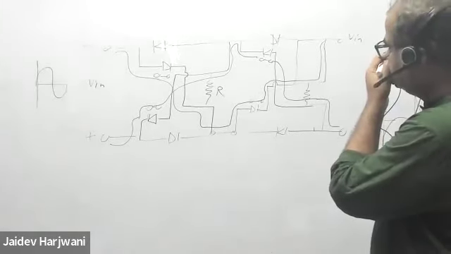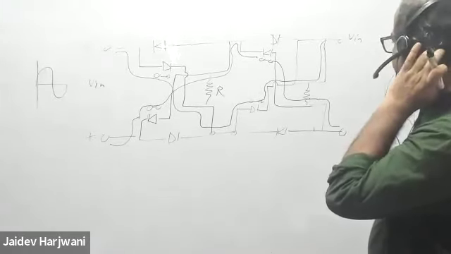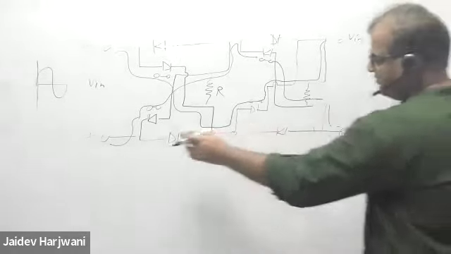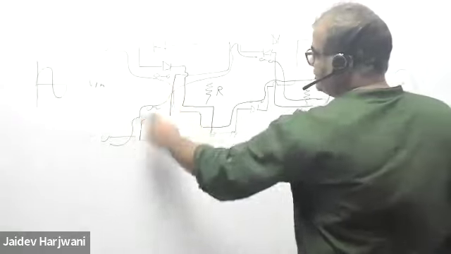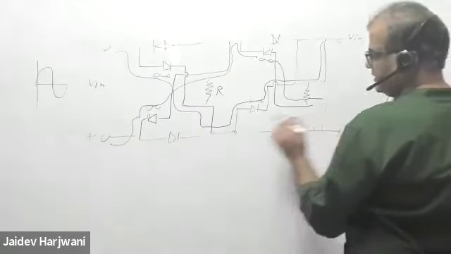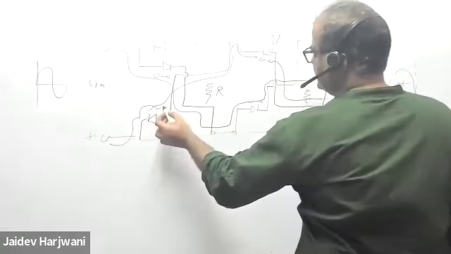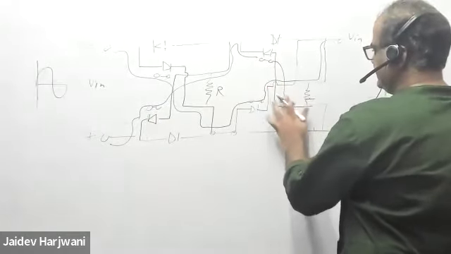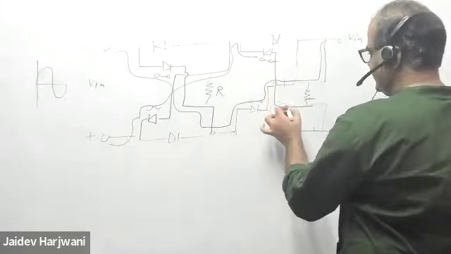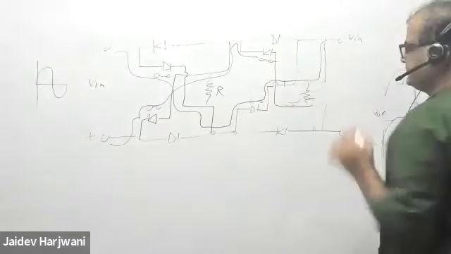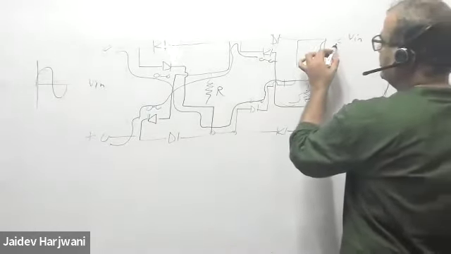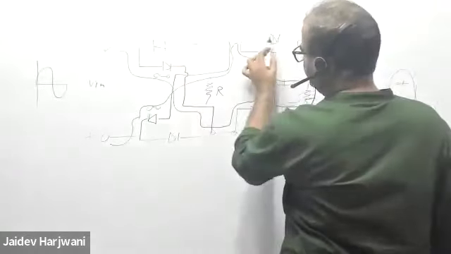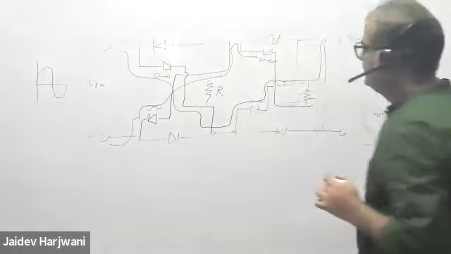If I had drawn the circuit correctly, then what will happen? If I am saying current is starting from here, that current should come here, no? So current is starting from here, so this current will go this side, and it will go here. This will be short circuit, and this will be open circuit.